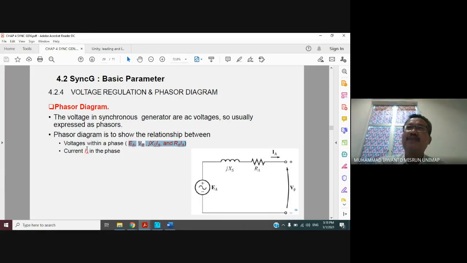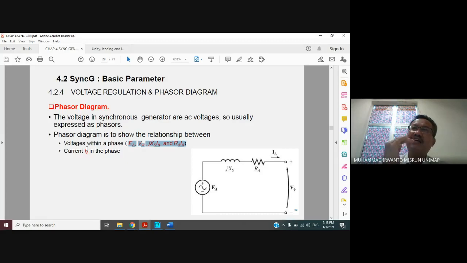In this case, when we have the cos theta or power factor, we want to know whether IA is unity, lagging or leading. IA unity means IA is in phase with the phase voltage.